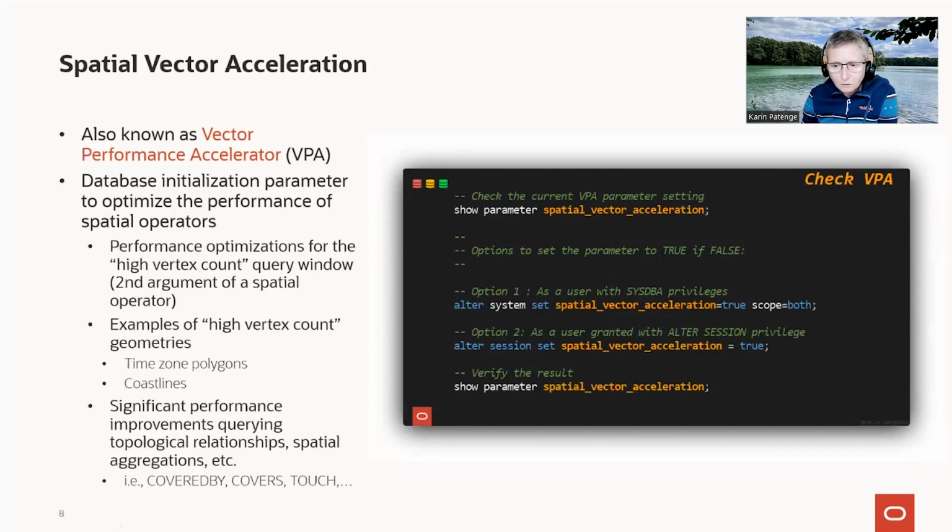For those who are not granted sysdba privileges, but alter session privileges, so maybe as a developer, you can use alter session set spatial vector acceleration true as a session parameter. Of course, if the session terminates, then it's set back to the previous or default value, which is, as I said, for 19c still false.